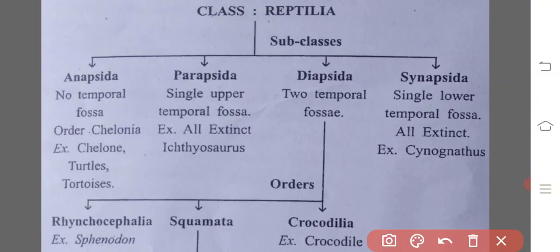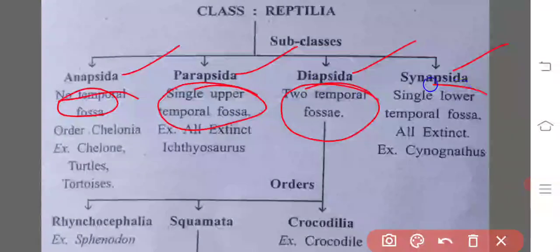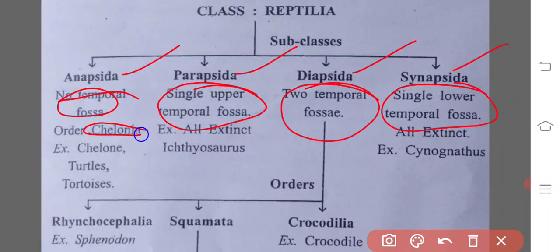So based upon these only, reptiles have been classified into various categories: anapsida, parapsida, diapsida and synapsida. No temporal fossa in anapsida, single upper temporal fossa in parapsida, two temporal fossae in diapsida, single lower temporal fossa in synapsida. Apart from the anapsida, the living order is Chelonia.